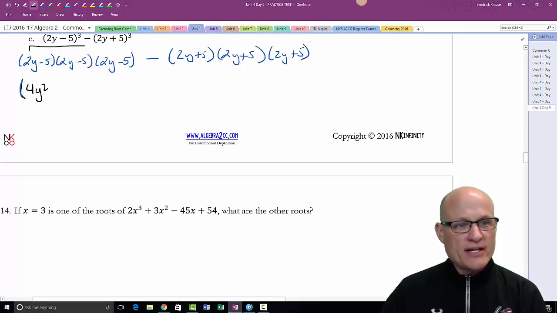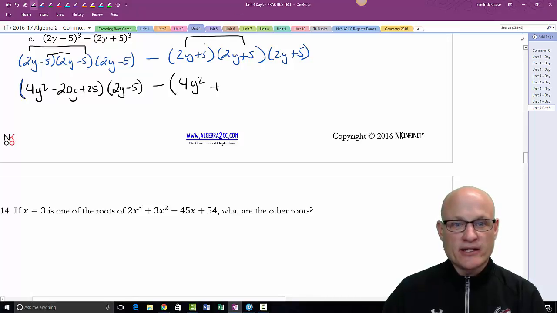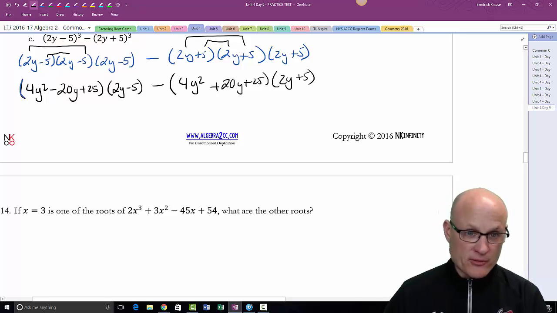So I get 4y squared minus 20y plus 25 times 2y minus 5, minus, I'm going to double distribute these two, 4y squared plus 20y plus 25 times 2y plus 5. Now I'm going to triple distribute this stuff.